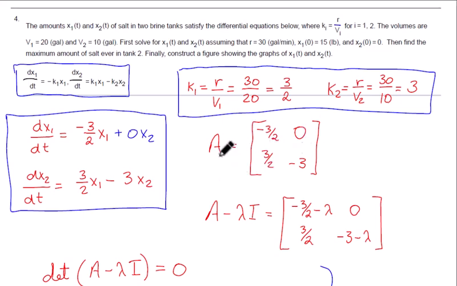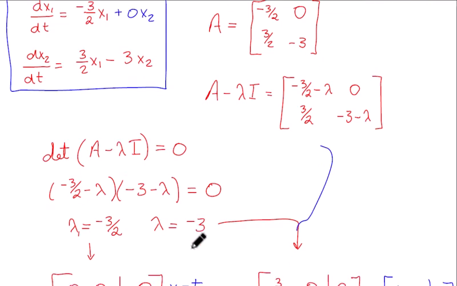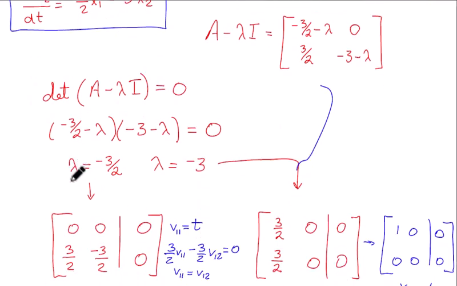For matrix A, I can find the eigenvalues. So A minus lambda I, got that. Find the determinant, set it equal to 0. And I get eigenvalues of minus 3 halves and minus 3.